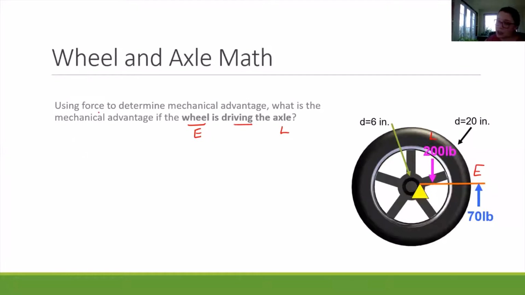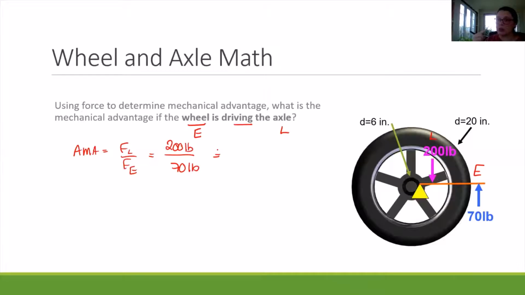So let's calculate our forces, same as before. We're just using the same ratios. The actual mechanical advantage is equal to the force of the load divided by the force of the effort. Load happens to be equal to 200 pounds. My effort is 70 pounds. And we can just use pounds. That's okay.